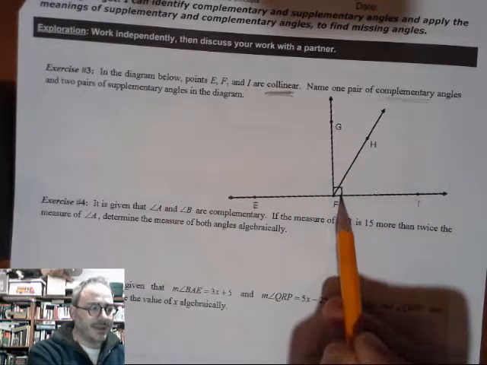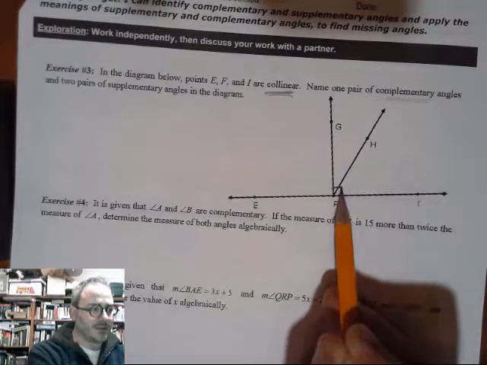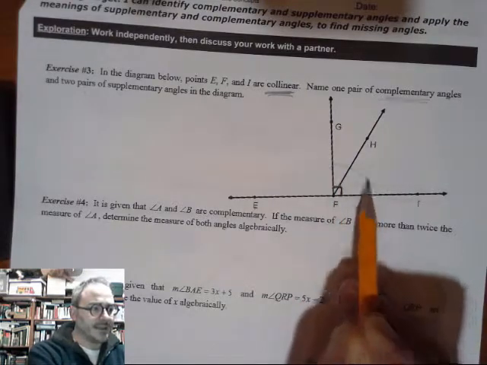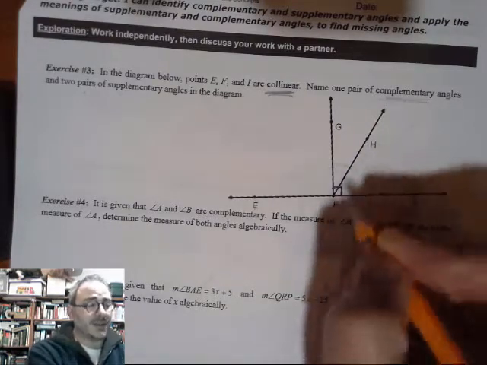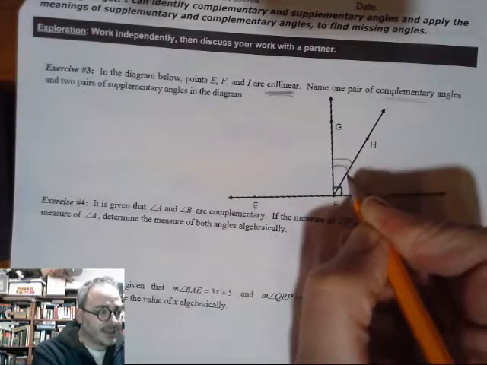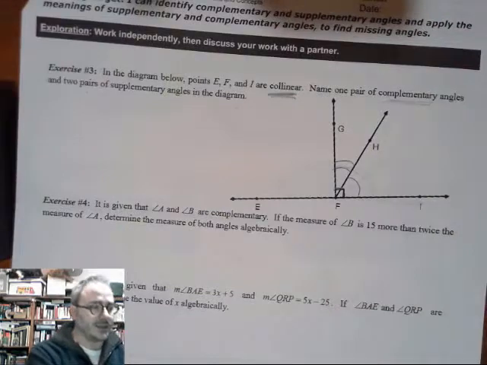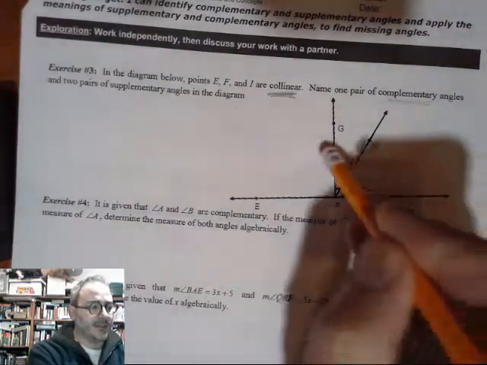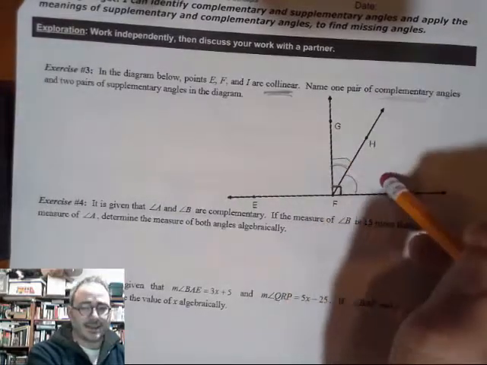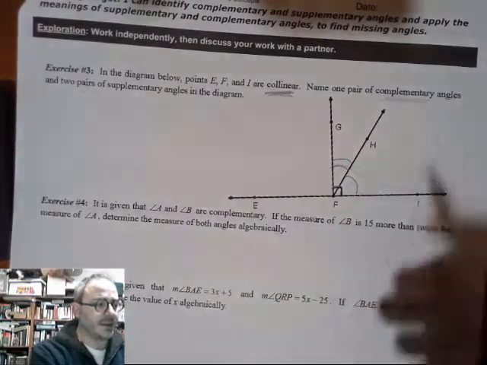Well, I see this little mark here, that little square edge tells me that this whole thing is 90, which tells me that this plus this equals 90. If this whole thing equals 90, then this plus this equals 90. That means this and this are complementary. So let's talk about that.